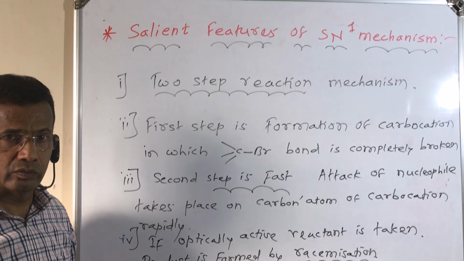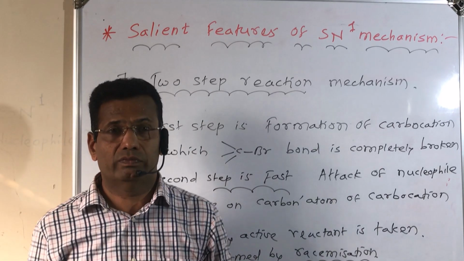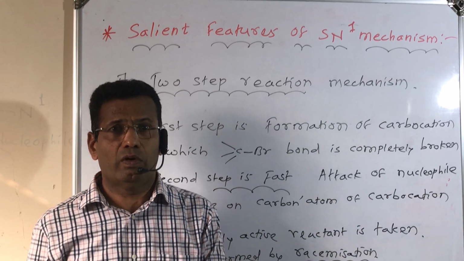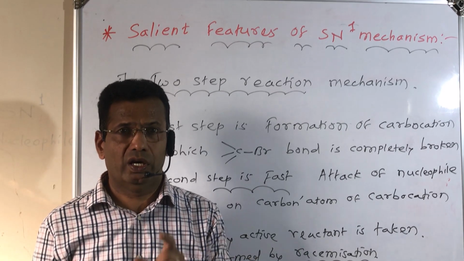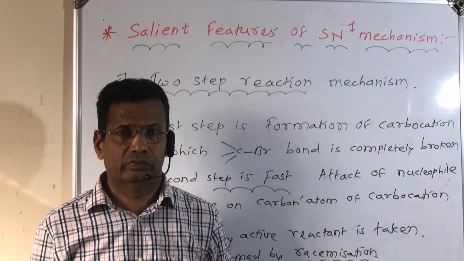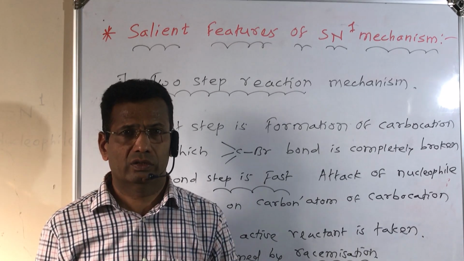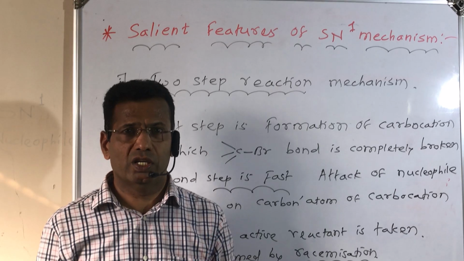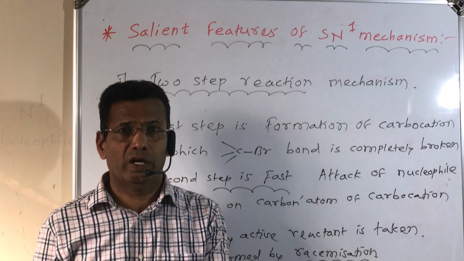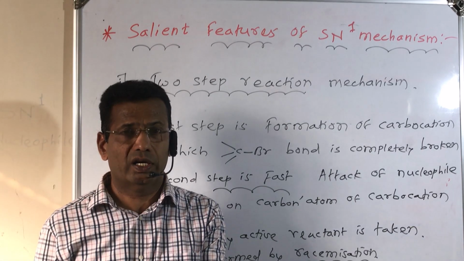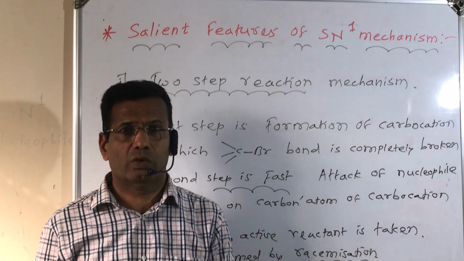When optically active reactant is used in SN1 mechanism, product is formed by, option A is 100% inversion of configuration, option B is 100% retention of configuration, option C is 50% inversion of configuration and 50% retention of configuration, that is racemization, and option D is same as that of the reactant.